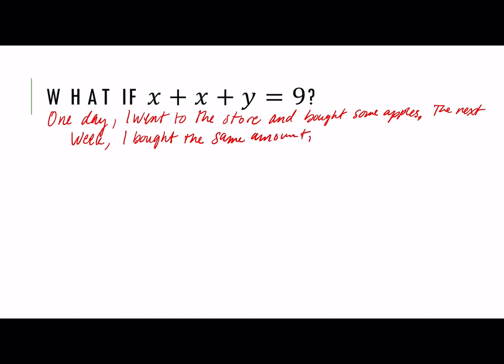The following week, I bought a different amount. Change this. Okay. Now the equals 9 means that that's the total of all the apples I bought.